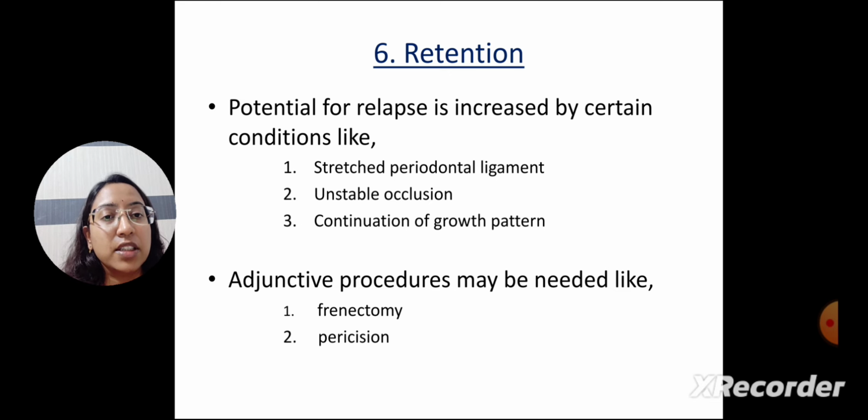Similarly, for rotated teeth, to allow the periodontal ligament fibers to readapt to a new position, we do something called pericision or circumferential supracrestal fibrotomy. So the superficial gingival fibers and the periodontal fibers are sectioned so that they join and readapt in a newer position. So this way, the stretch on the fibers that cause relapse is minimized.